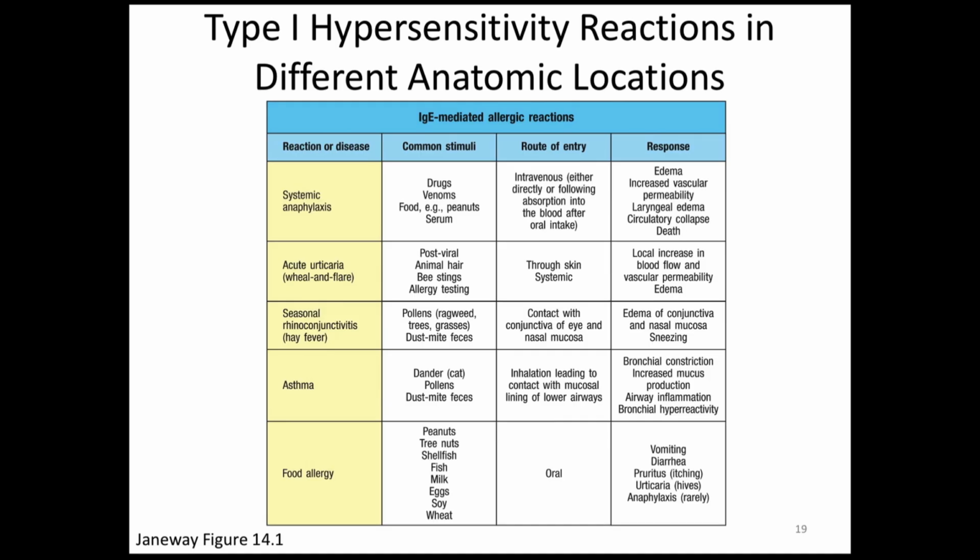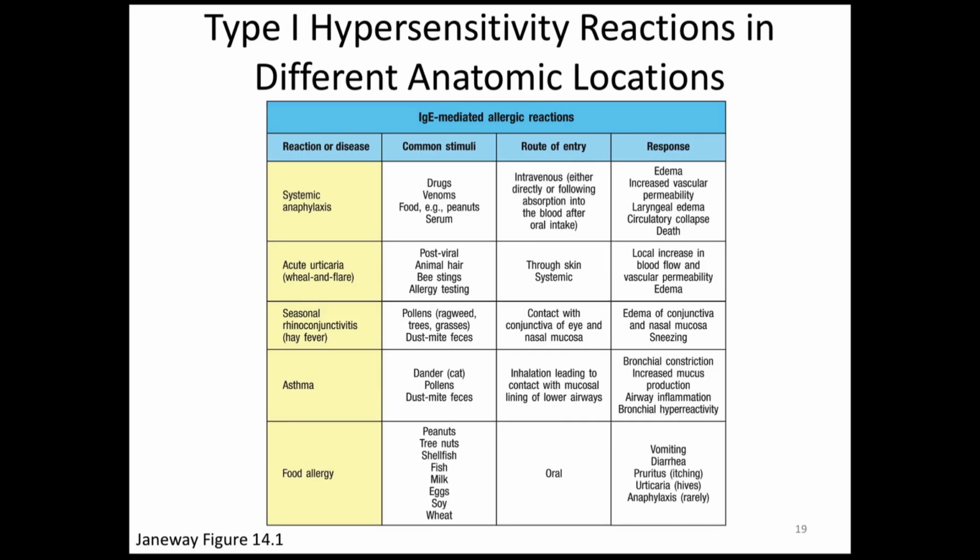So it's always a mast cell misbehaving, but because that mast cell is in a different location. And the reason that mast cell is misbehaving in that location is because that's where the mast cell lives, and that's where you saw the antigen. So you see some of these antigens in different anatomic locations, and that will lead to different types of symptoms.